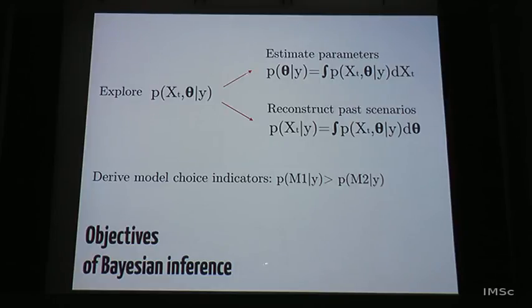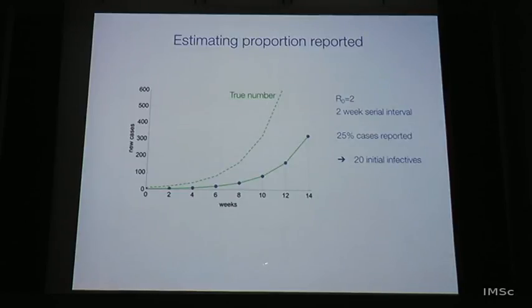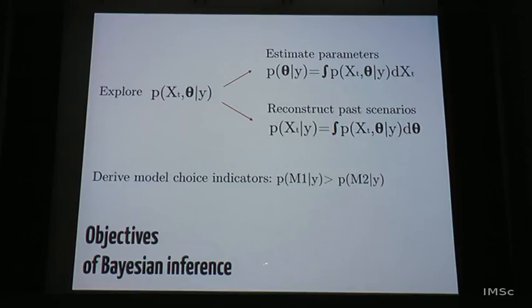And usually what I do is that I marginalize to estimate either the parameters or the trajectories, which means I try to reconstruct what happened. The trajectories of the model correspond to what I have no idea what it looks like.